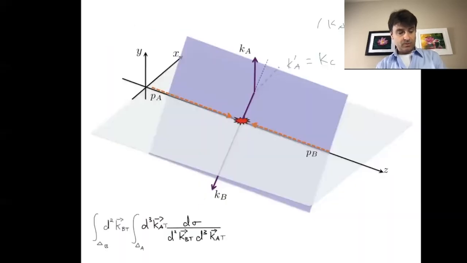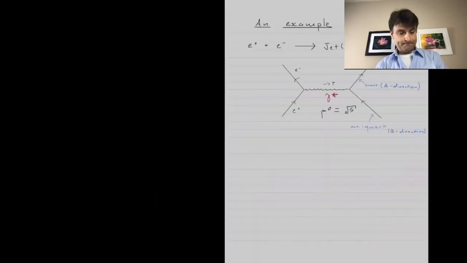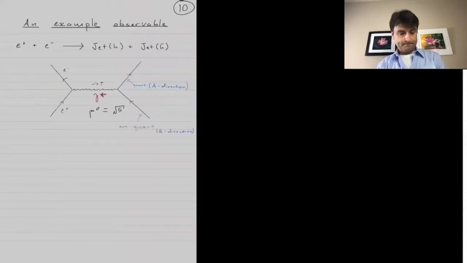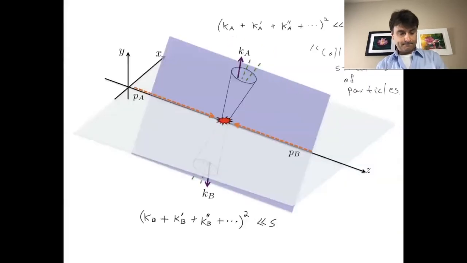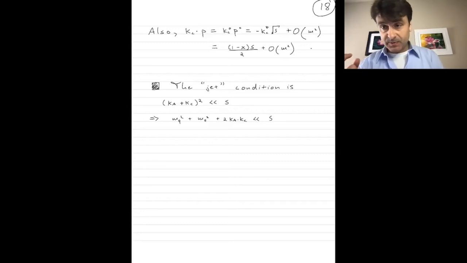Basically reiterating what we said in the picture back here, we're just applying that here. So that's our condition. And so we can basically confirm that the small transverse momentum constraint is what we need to limit ourselves to collinear configurations.